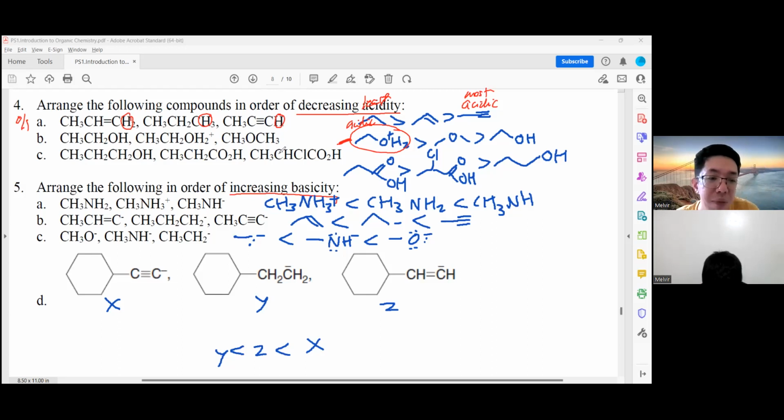Ibig sabihin nun, madaling matanggal. So, which hydrogen can be easily removed, coming from an ether or coming from an alcohol? Sino mas madaling matanggal? Kasi mas acidic siya pag ganon. From an alcohol. Okay, so I don't know bakit naging ether yung sagot mo, then alcohol yung last mo.